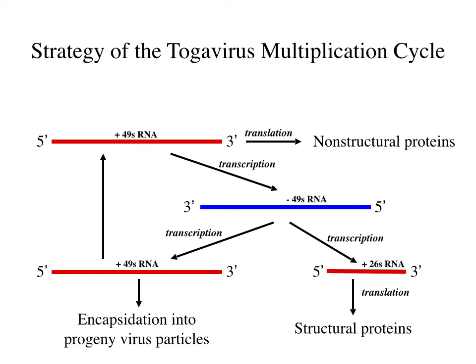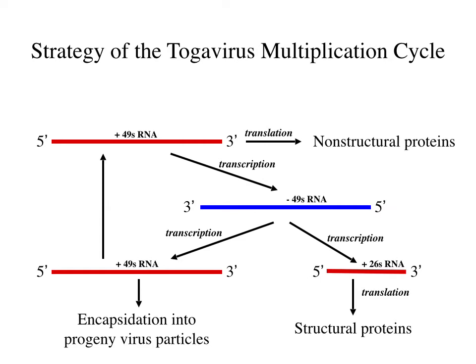Now this negative sense RNA is transcribed, but it can be transcribed into two different species of RNA. It can be transcribed into a full-length positive sense RNA, a 49S RNA, and that's the RNA that can be encapsulated into progeny virus particles.